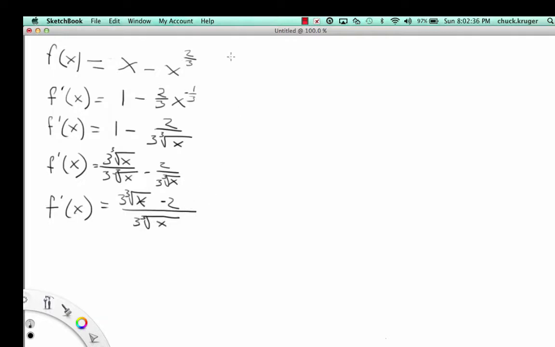That gives 3 times the cube root of x minus 2, over 3 times the cube root of x. I'm going to let both of those equal 0. Again, when the numerator is equal to 0, I have horizontal tangent lines, and when the denominator is equal to 0, I have vertical tangent lines.